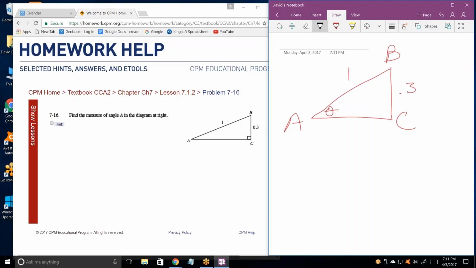Is it sine, cosine, tangent, secant, cosecant, cotangent? Sine. So I can say the sine of theta equals what? 0.3 divided by 1, which is just 0.3.